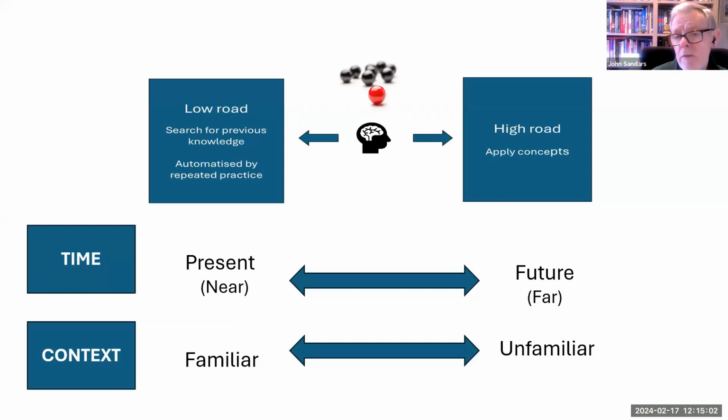It's great for very familiar ones. But as soon as you get transfer in the future, 6 months, in unfamiliar and different cases and situations, you need to have developed conceptual understanding.